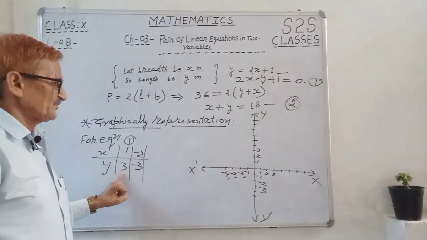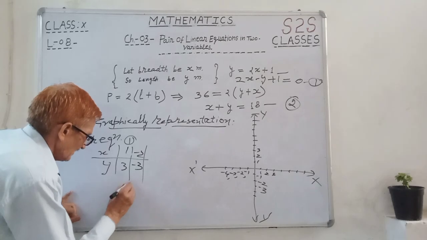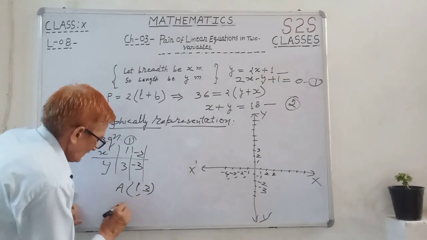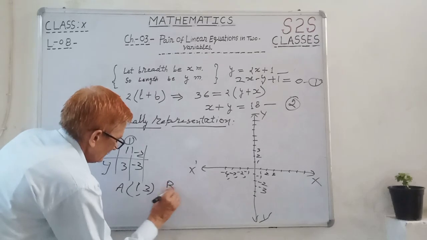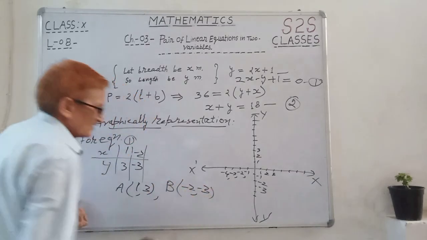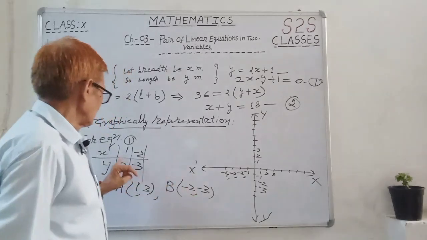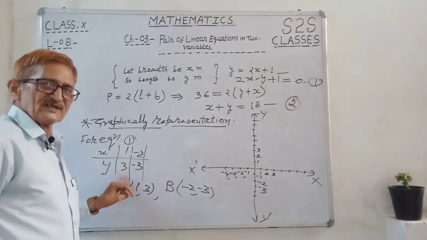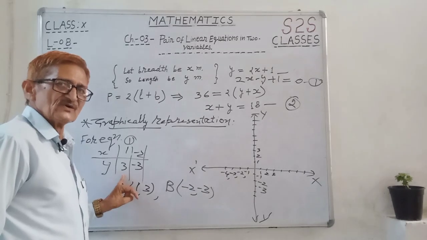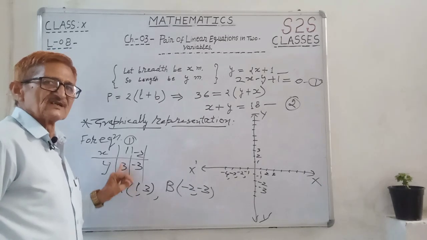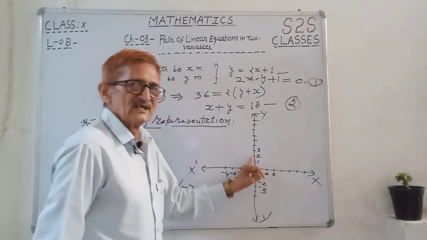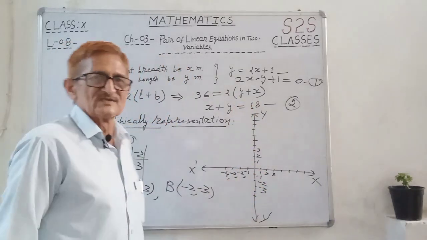Then 1 comma 3, first point we can write first point A 1 comma 3 and second point B minus 2 comma minus 3. Plot these points. Now first point is 1 comma 3. Now 1 comma 3 we are plotting on the graph. Okay, so taken 1 comma 3, 1 on x-axis and 3 on y-axis.